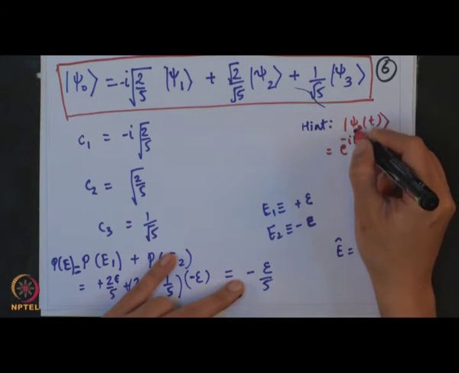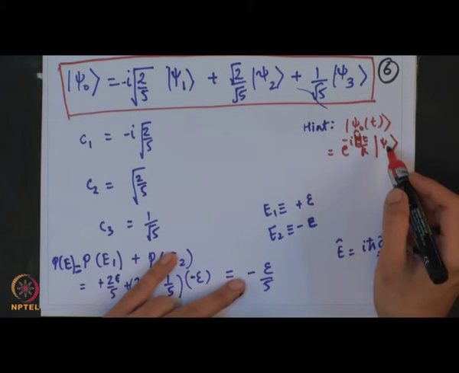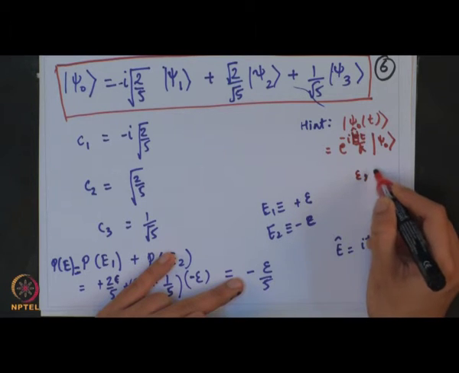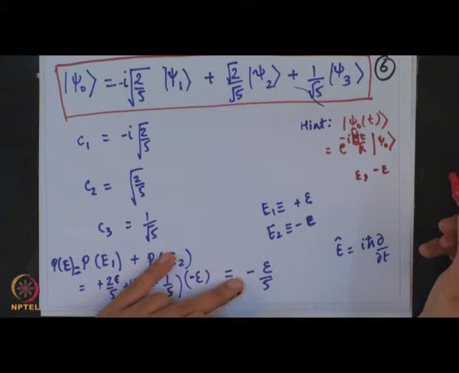Here you will put the Hamiltonian operator, and when you operate it on the state you will get either E1 or E2, either epsilon or minus epsilon, and then you can easily calculate the energy eigenvalue. I hope these simplified steps help you understand how to calculate, and you need to do it at least once by yourself to understand this properly.